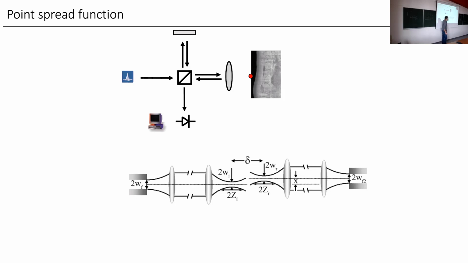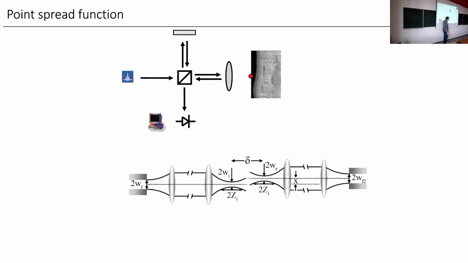Now let's assume that this is 1-to-1, so these lenses are identical. We have a 1-to-1 image. So then this waist here will be the same. This Gaussian beam is not focused to a point, but is focused to a shape a bit like this one here. So you have a width, and you also have an extent over which this beam is narrow.